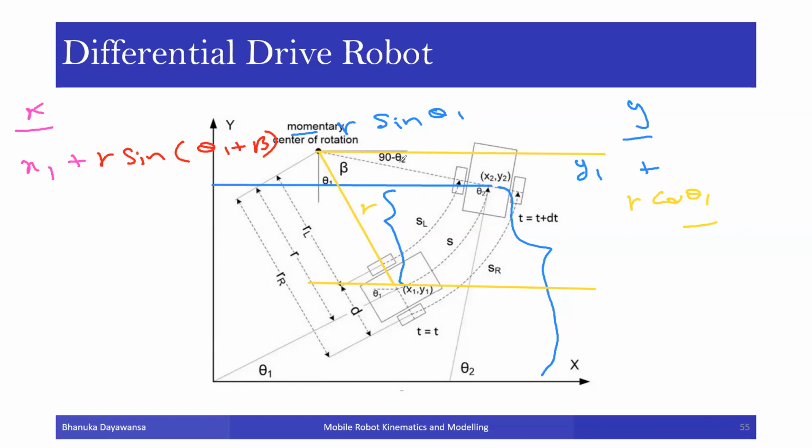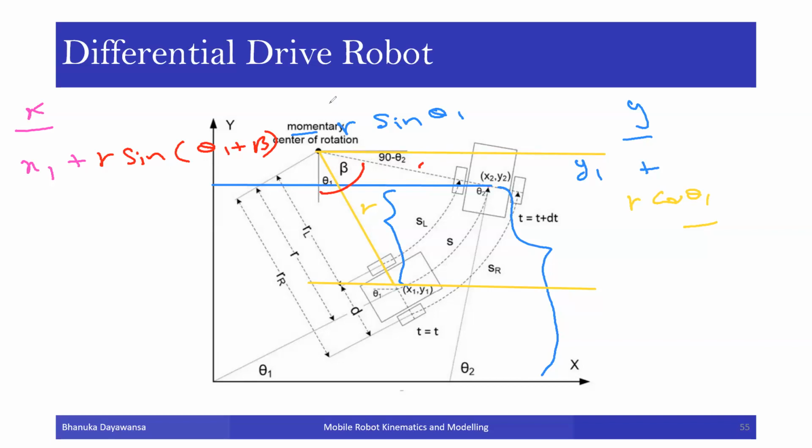What's the small distance? We have this angle, that is θ1 plus β. If we get the y direction component of this r, you get this, right?